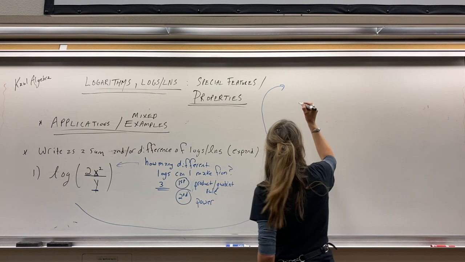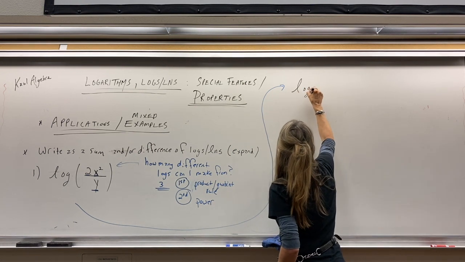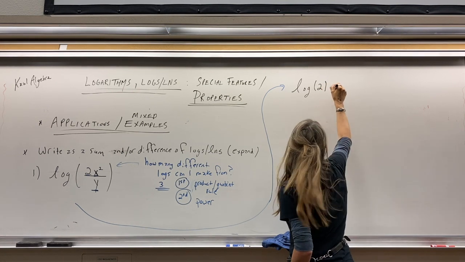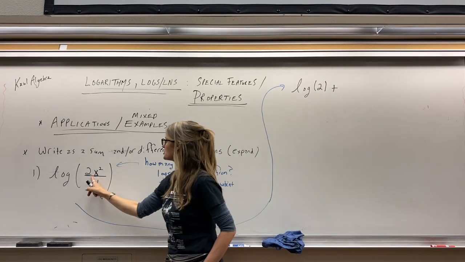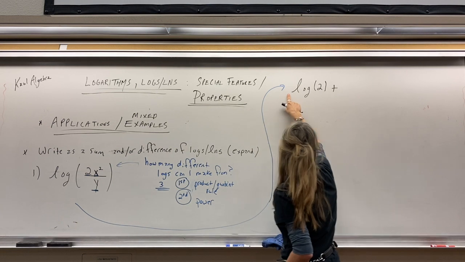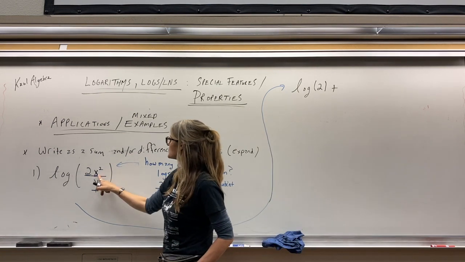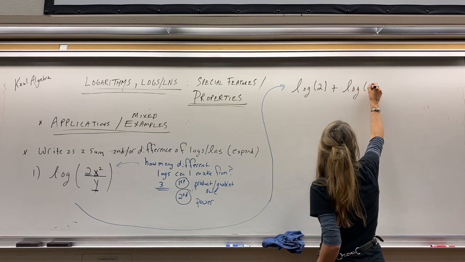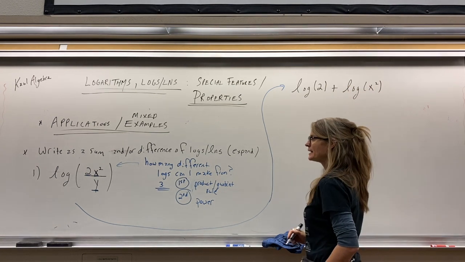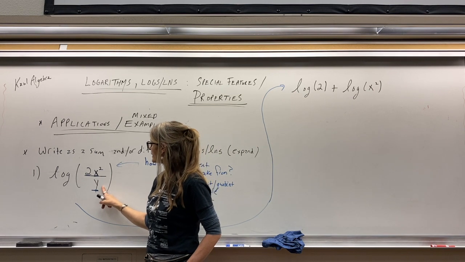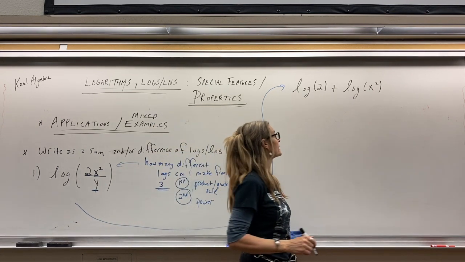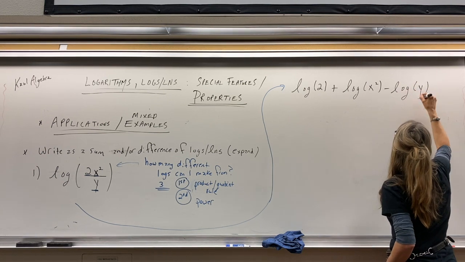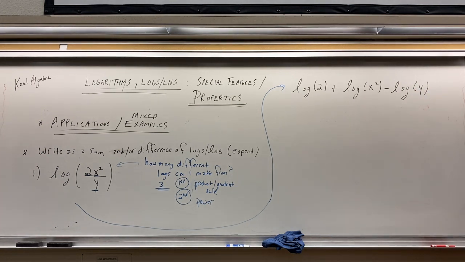So this becomes log base 10 of 2, plus, since the x squared is in the numerator, a positive log: plus log x squared. Now my third one will be the y. It's in the denominator, so it'll be negative: minus log of y. So there's my 3 logs.